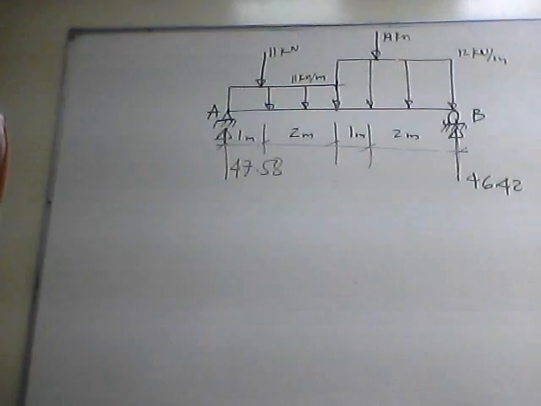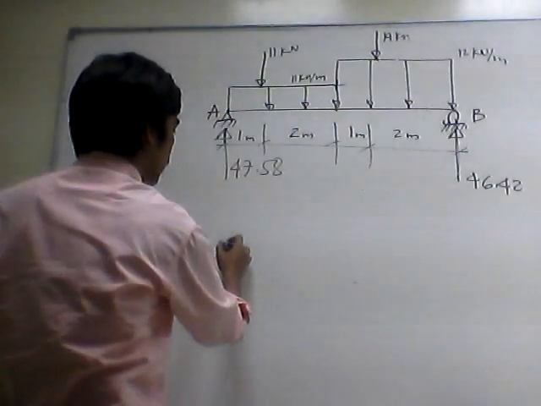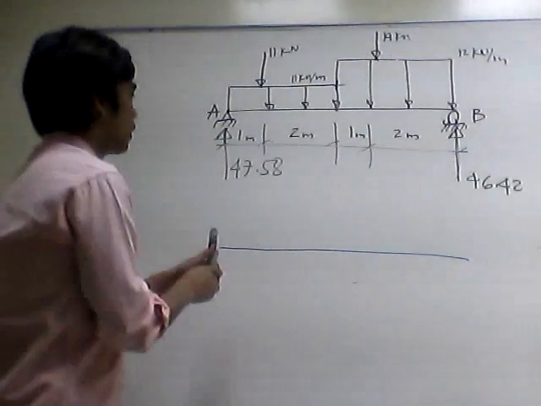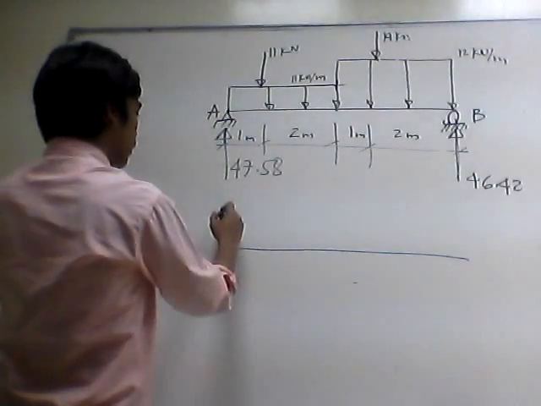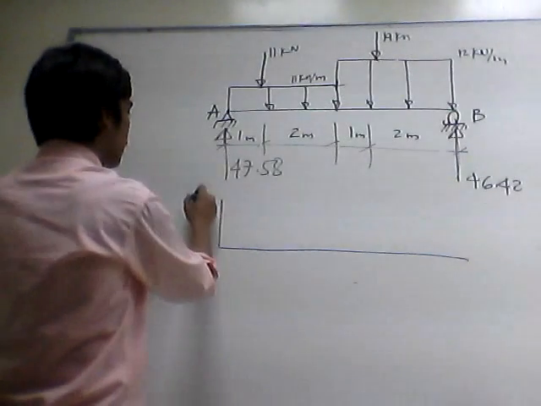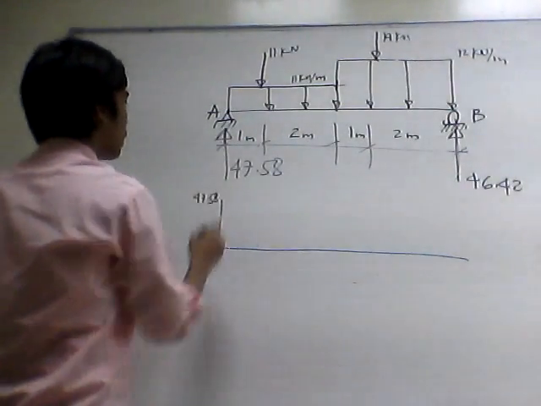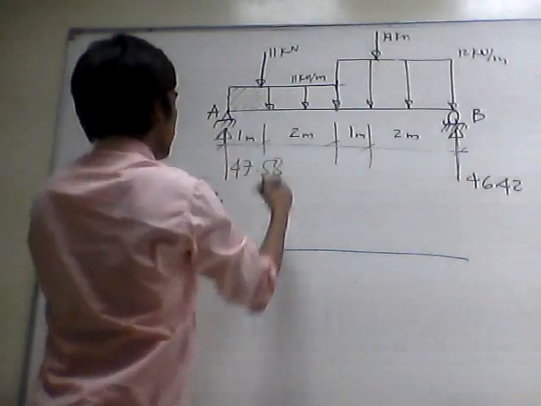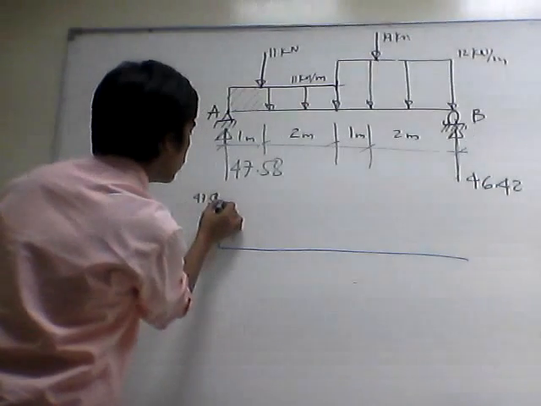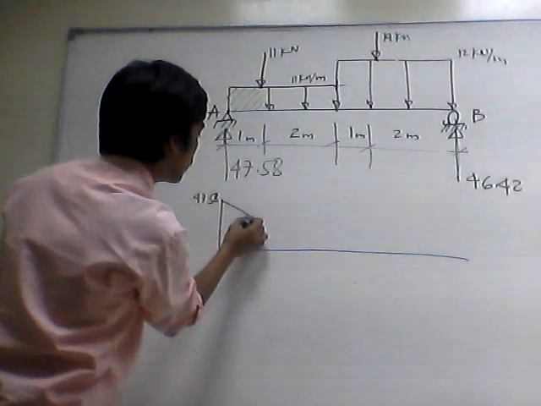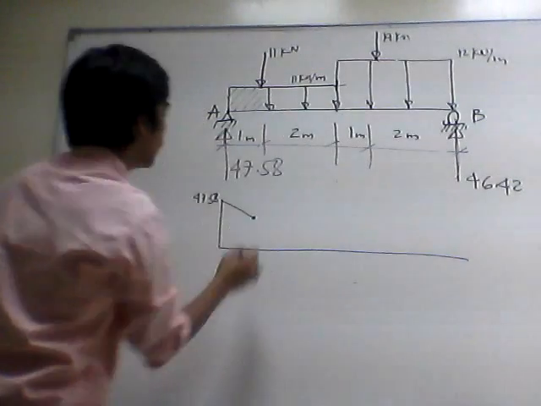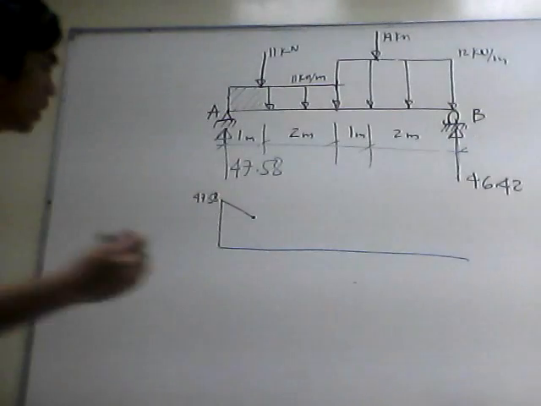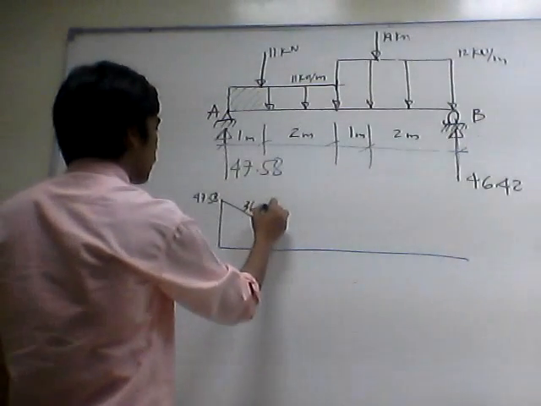Okay. So first we are going to draw the horizontal line representing the length of the beam. We have an upward support reaction of 47.58 here, less the area of this portion, that is 11, so that will give you a downward flow here. 47.58 minus 11 is 36.58.